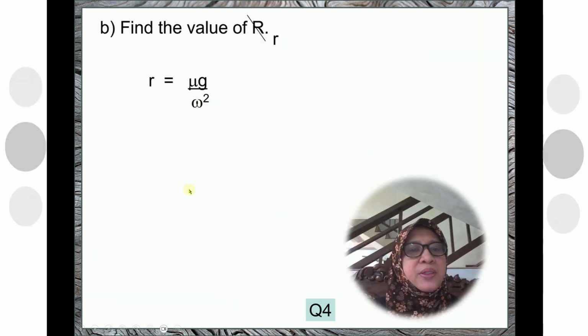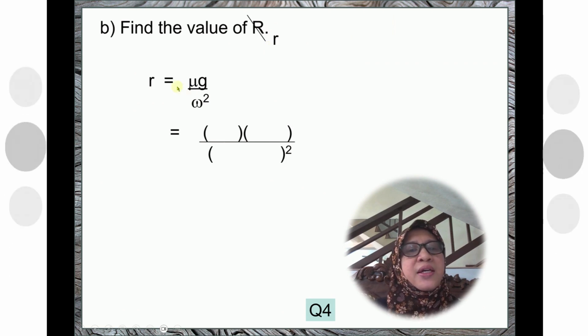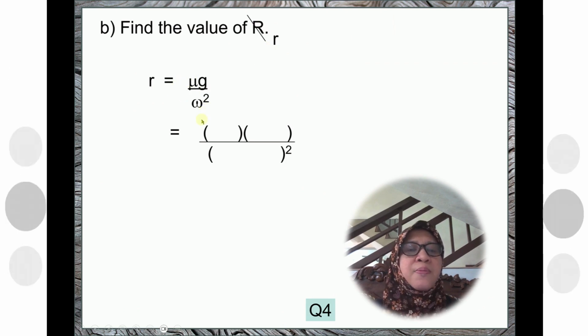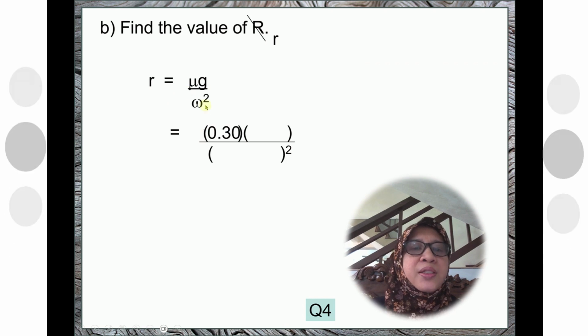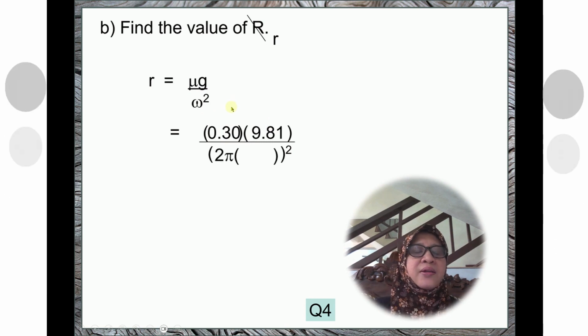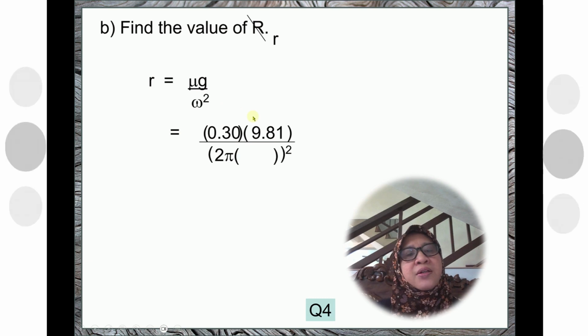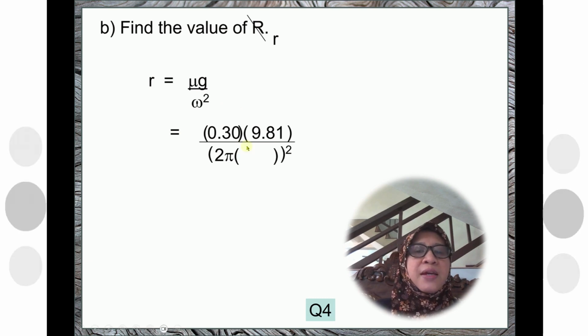Okay, next we go to question B, to find the value of r, the distance from the center. r must be equal to mu g over omega squared. So we substitute mu as 0.30, g as 9.81, and the angular velocity from the frequency of 25 rpm.